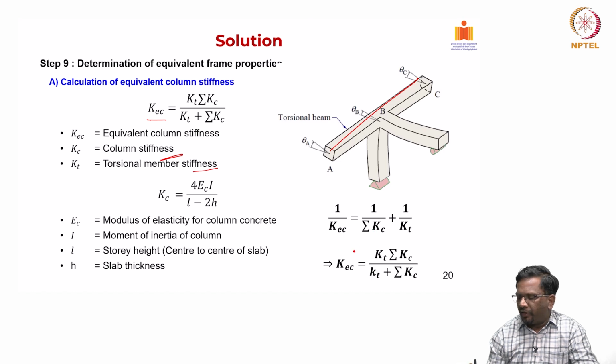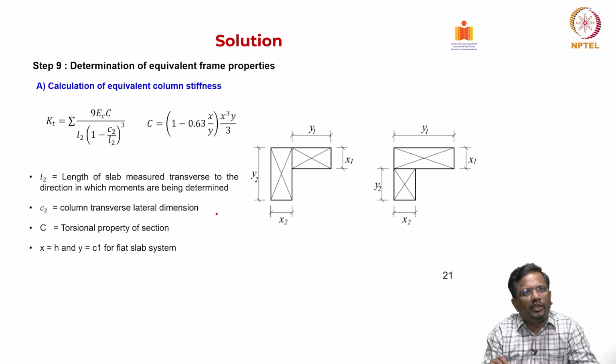When you take that, the equivalent stiffness Kec becomes Kt into summation of Kc divided by Kt plus summation of Kc. What is Kc? Again, the column stiffness. What is Kt? It is the torsional stiffness of the transverse member. That also we have seen in the previous lecture.